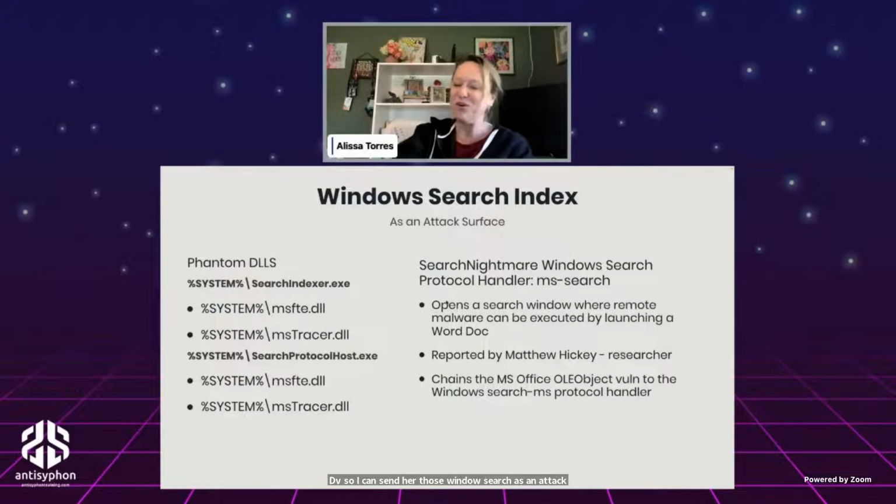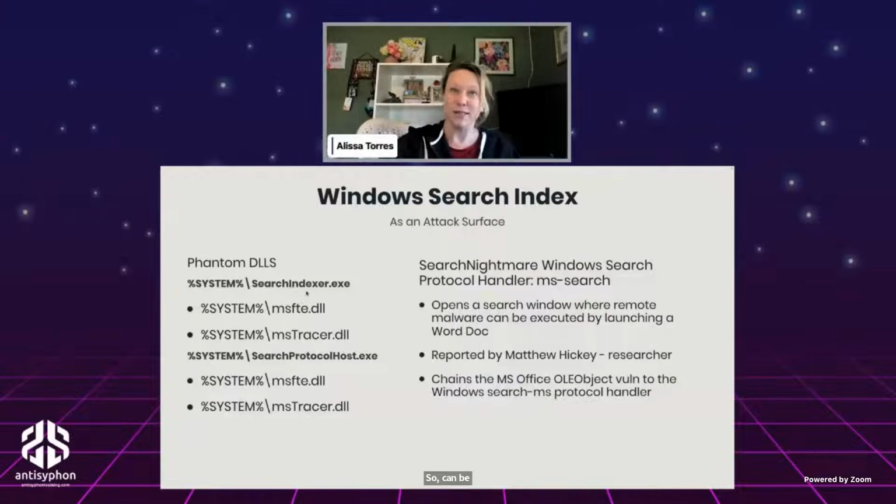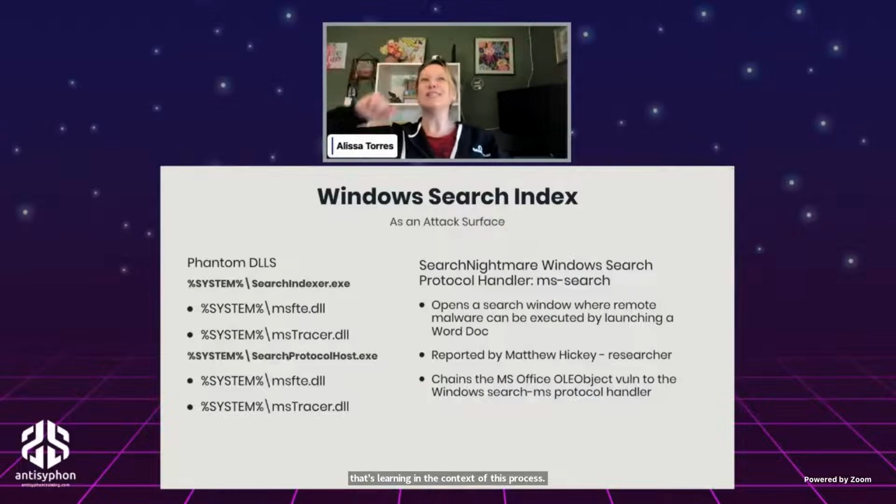This is so cool. The Windows Search index has, in fact, been cited, in earlier versions of Windows 10, for phantom DLLs. So phantom DLLs can be usurped because it's like, hey, this DLL that's loading in the context of this process makes a call to load a DLL that does not exist.